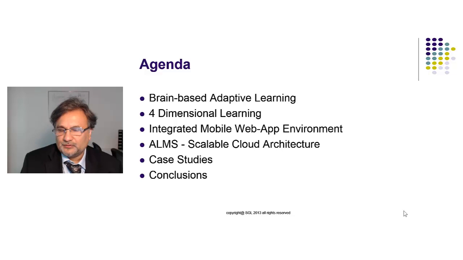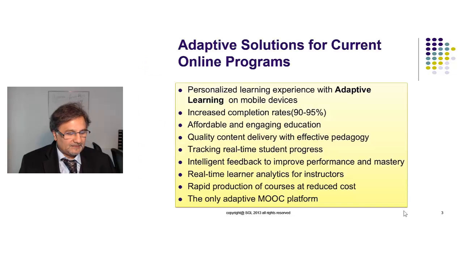Then I'll talk to you about the adaptive learning management system environment, which we popularly know as AMOL, adaptive mobile learning. Then I'll give you a few case studies which we have done using our adaptive learning engine, and conclude with some of the observations that we have made with adaptive learning deployments.